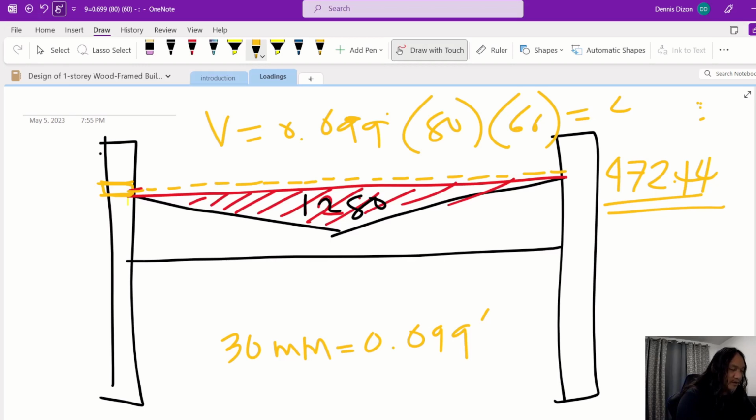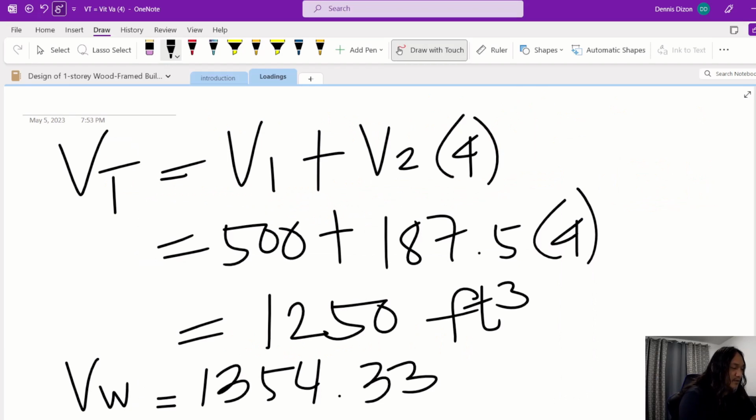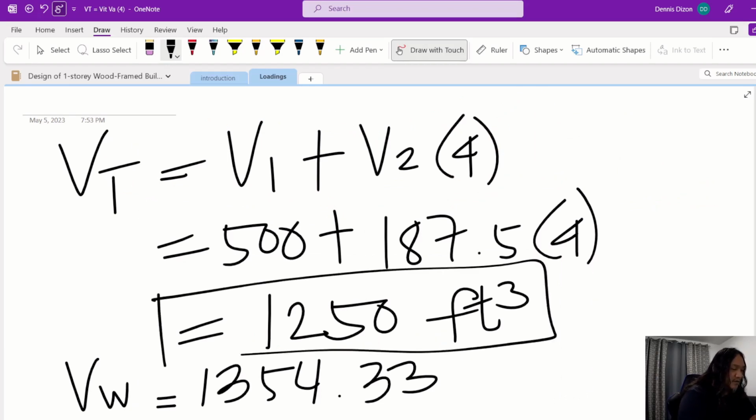So the total volume, like the maximum volume that can accumulate on top of the roof before it starts flowing out of the scupper, would be this volume here. Don't be confused. This total volume is only from the lowest point of the roof to the highest point of the roof.